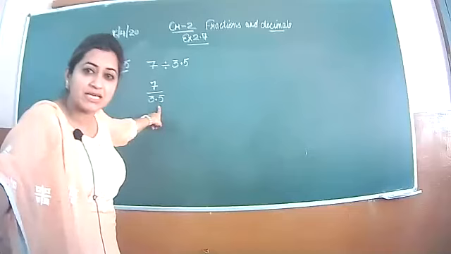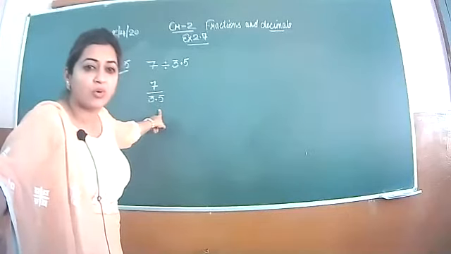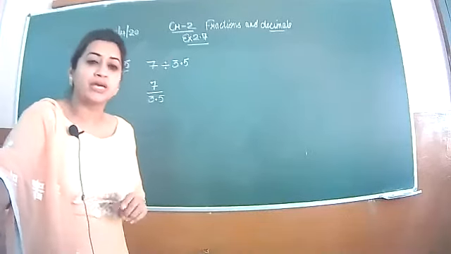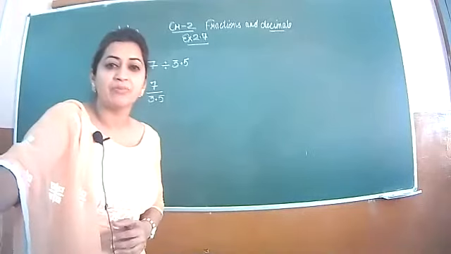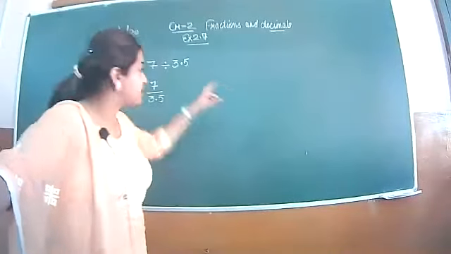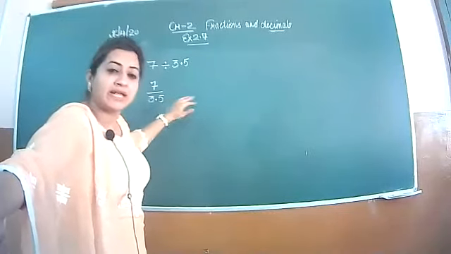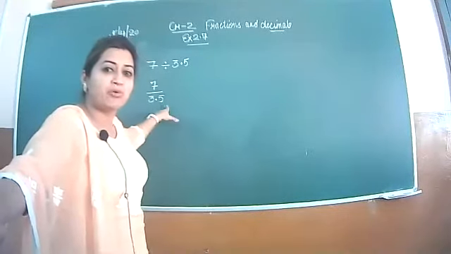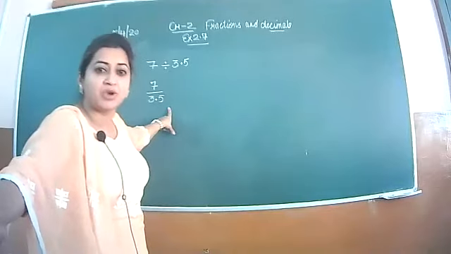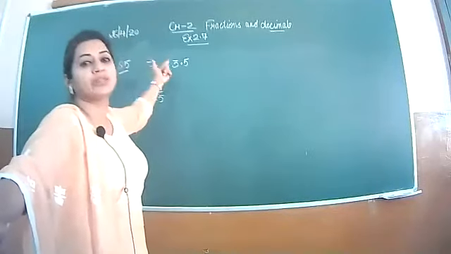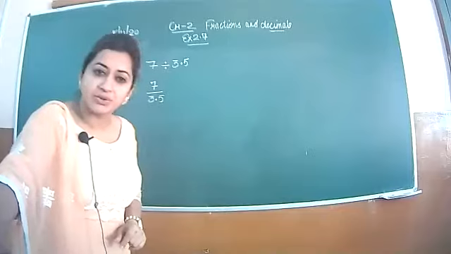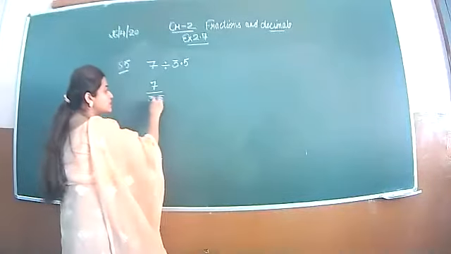You will remove this decimal and you will put 0 in the numerator. Keep this in mind: when you are removing the decimal from the numerator, you will put 0 in the denominator. But in the reverse case, if you are removing the decimal from the denominator, you will put 0 in the numerator. Is it okay?